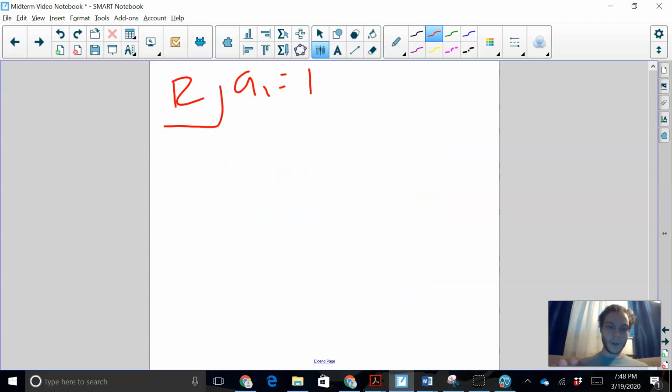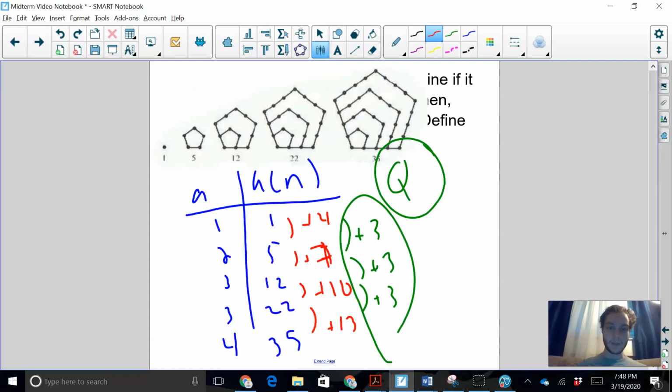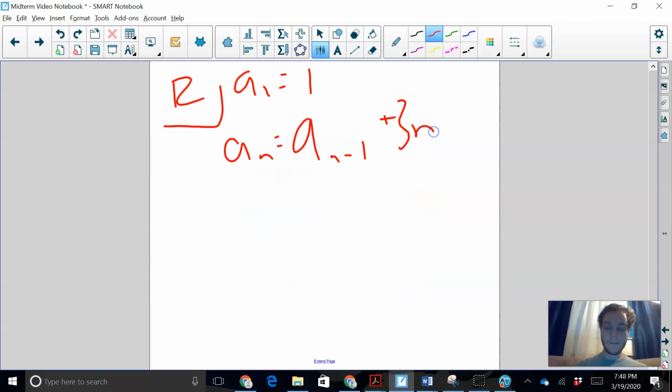So now our a sub n is going to be the previous term, plus, now what's the slope here? Slope would be 3, which is our second difference, plus 3n, plus some constant, or minus some constant even. So figure this out.